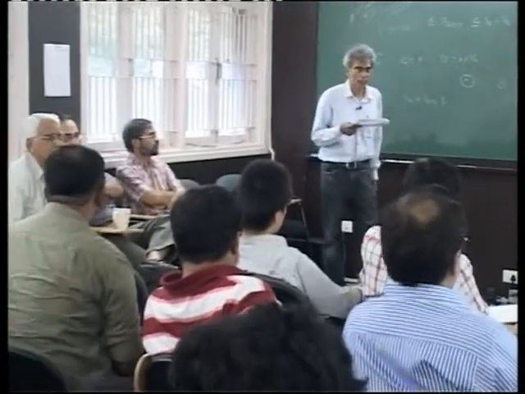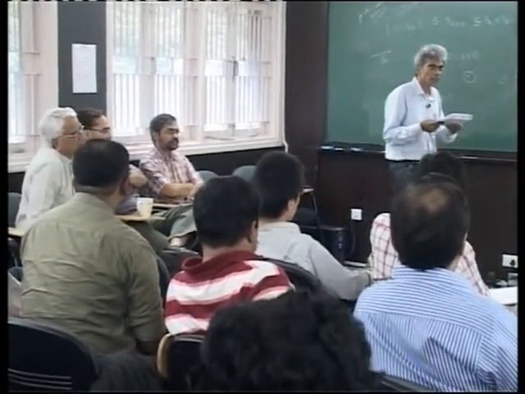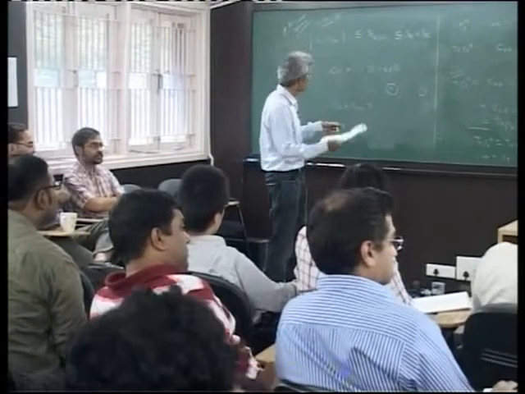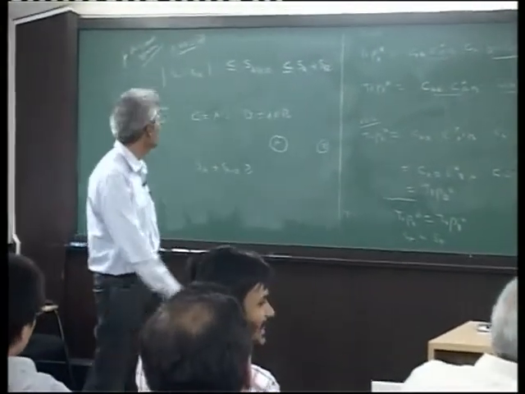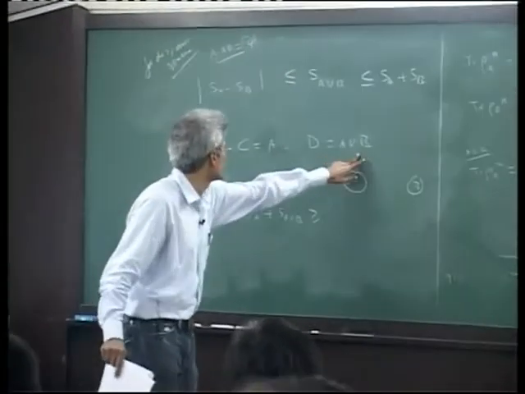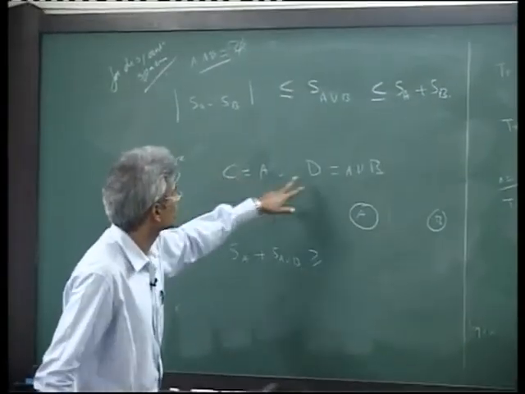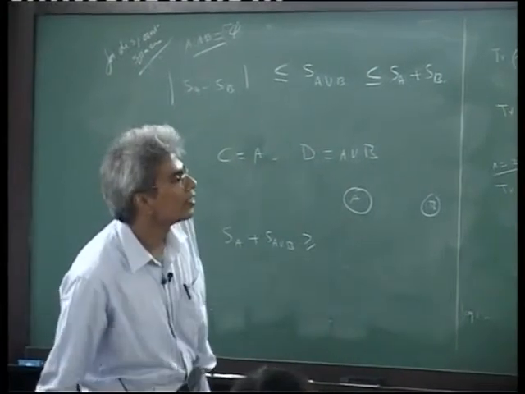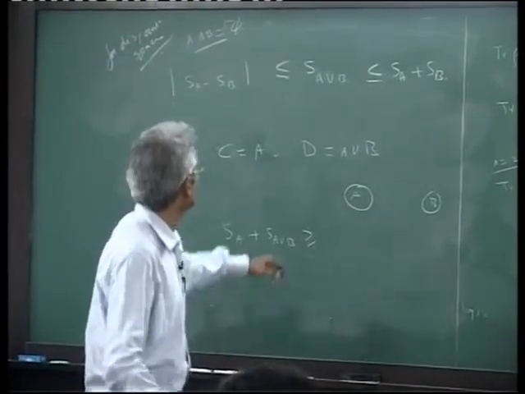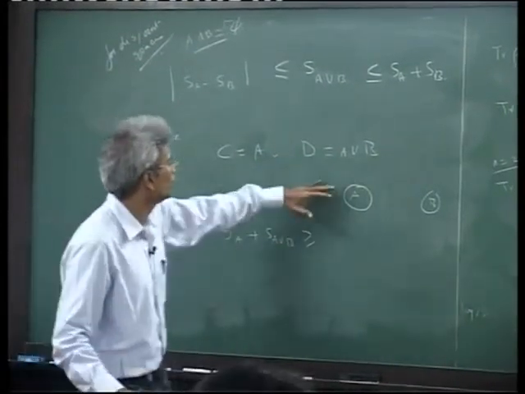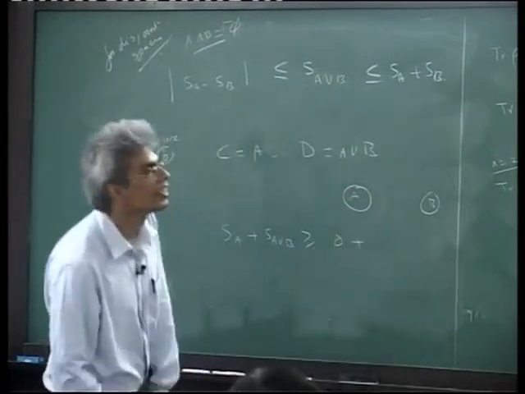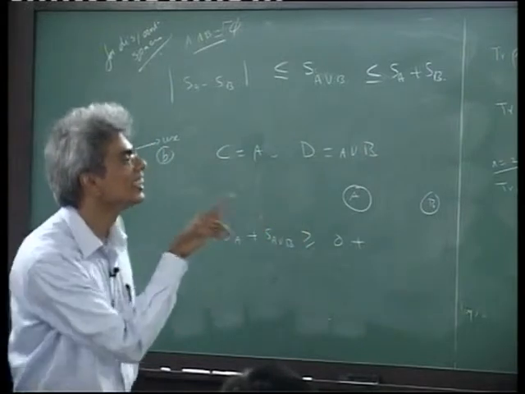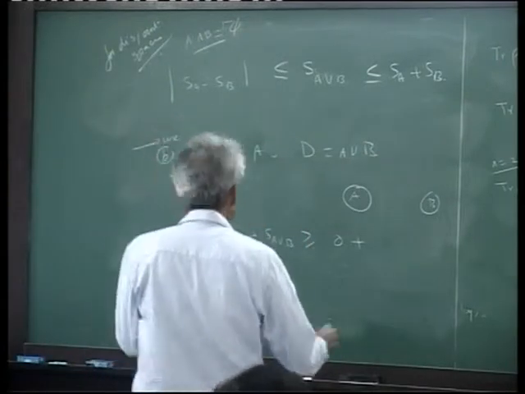So if you just put this C intersection D, where D was replaced by A union B, and C intersection D complement, D complement is 0, so that's 0 plus, let me just continue, C D intersection turns out to be SB.